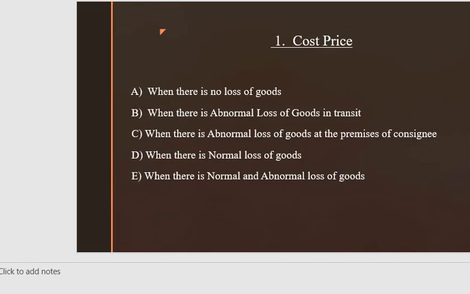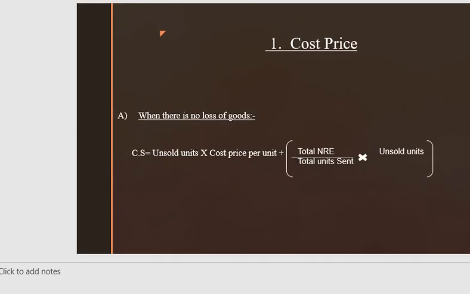So which kind of consignment stock do we need to calculate? The first one, that is, when there is no loss of goods. The formula is: unsold units into cost price per unit plus non-recurring expenses, divided by total units sent, into unsold units.